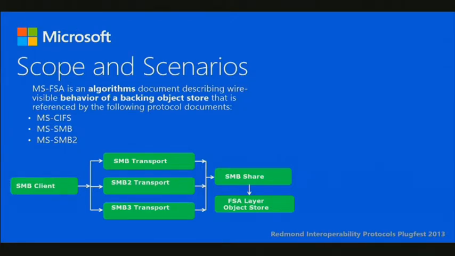We will have a synthetic SMB client to send the SMB2 message to contact the remote server, which will finally reach the object store layer with the data change, and we will verify the data in the SMB2 response to see if it complies with the FSA document.